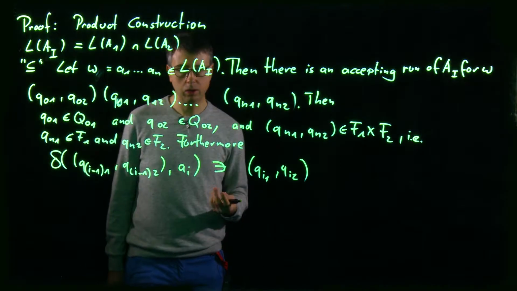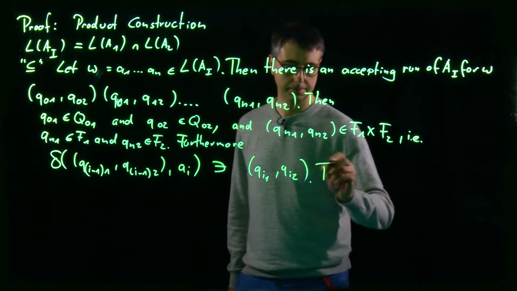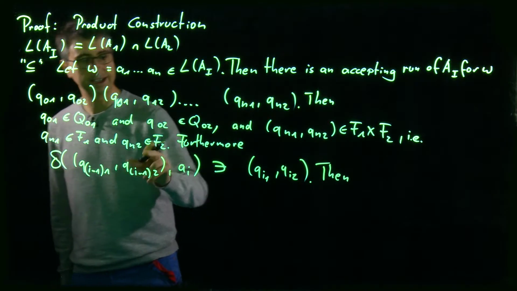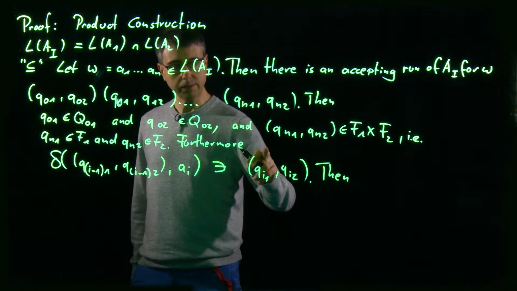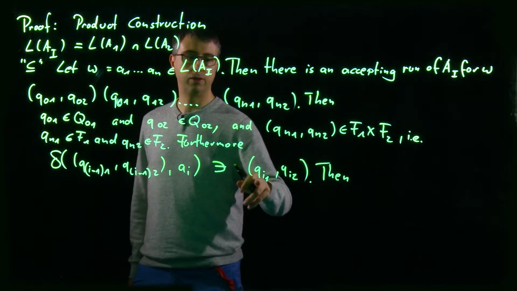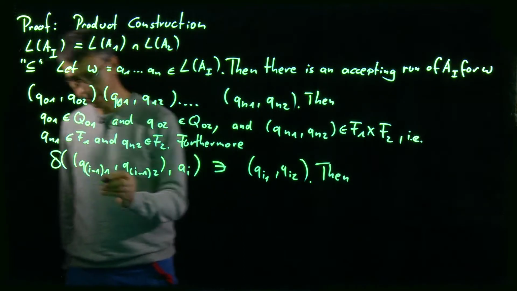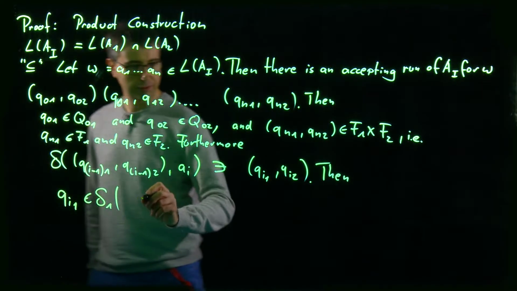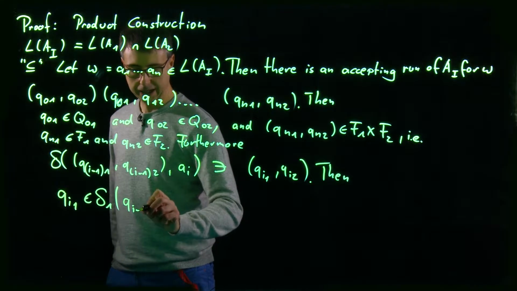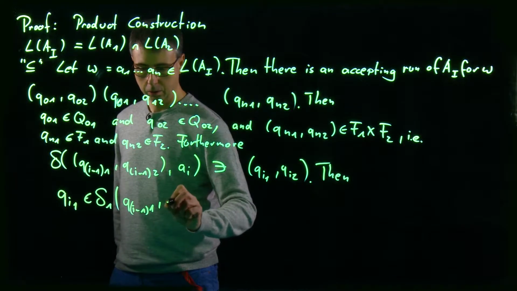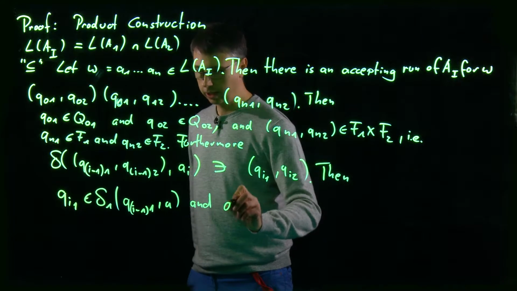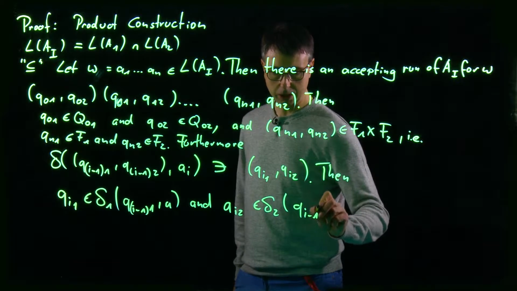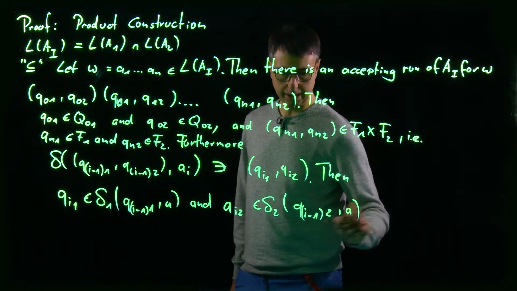But from the definition, we know that if we have this, then, as the result was defined as the Cartesian product of the transition relations for the first and for the second automaton, we actually know that q_i1 is in delta 1 for q_{i-1,1} with a_i, and that q_i2 is in delta 2 for the state q_{i-1,2} with letter a_i.